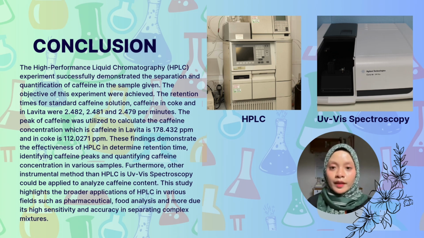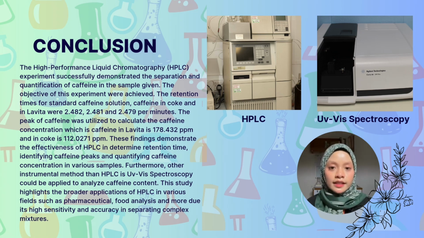And the last one is the conclusion. The high-performance liquid chromatography HPLC experiment successfully demonstrated the separation and quantification of caffeine in the given sample. The objectives of the experiment, which include identifying the caffeine peak component in the mixture and determining the retention time and amount of caffeine, were achieved.